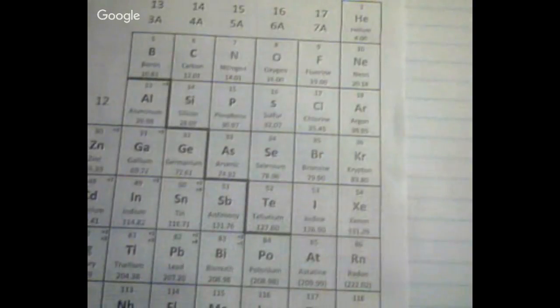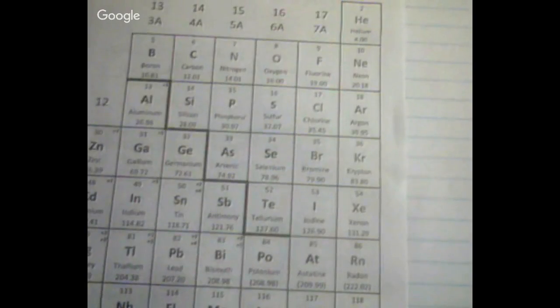So we want 10's electron configuration, and this is number 43, or maybe 44, depending on when you got your practice test for the final.